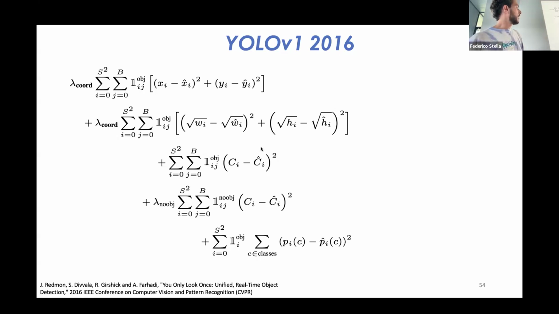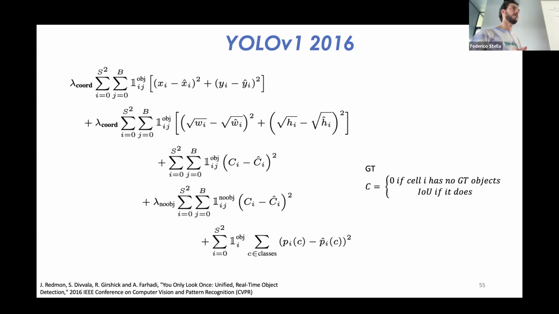This C i without the hat is the ground truth value for the confidence score. And this ground truth value is 0 if the cell has no ground truth objects, or it's the IOU if it does.